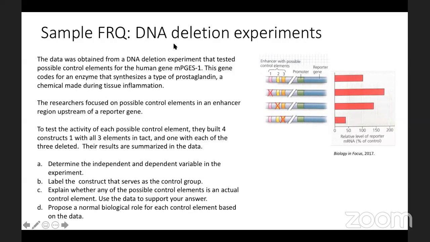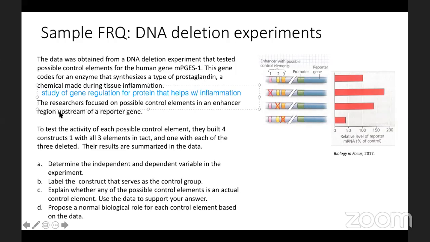All right, so as I'm going through this as a student, I'm just going to say that this is a study of gene regulation for a protein that helps with inflammation.